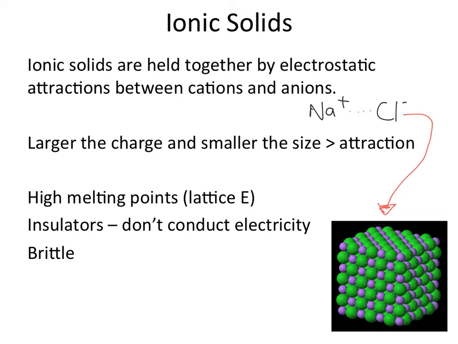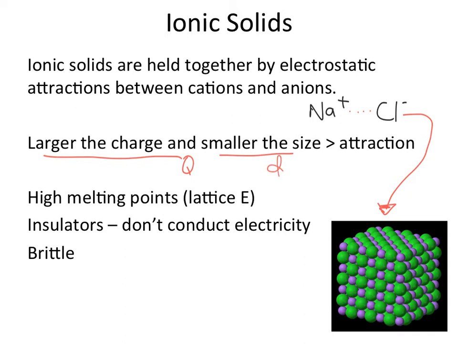Okay, and we also looked at the lattice energy being affected by the charge and size of the ions, right? So the larger the charge, or that Q value, if you remember, and the smaller the size, the D value that we looked at several chapters ago, basically leads to stronger attractions and subsequently higher lattice energies.